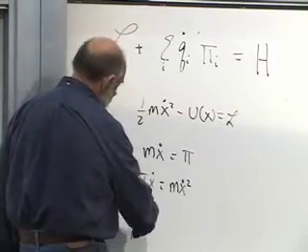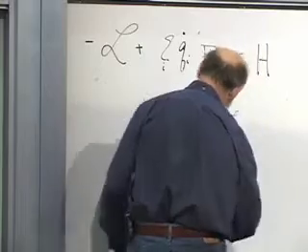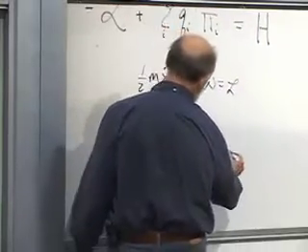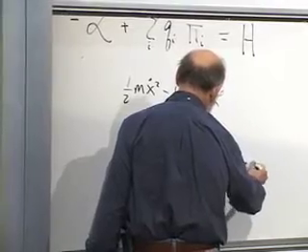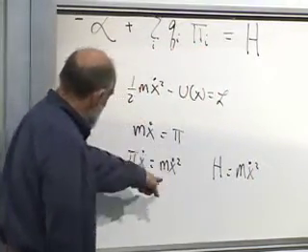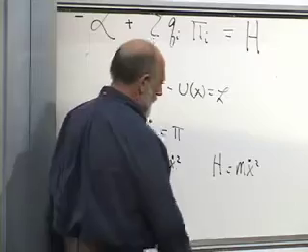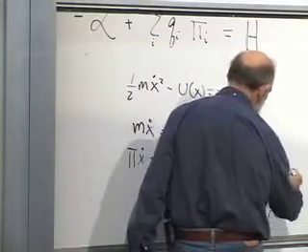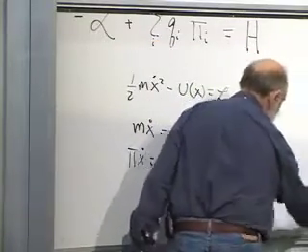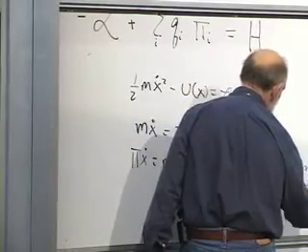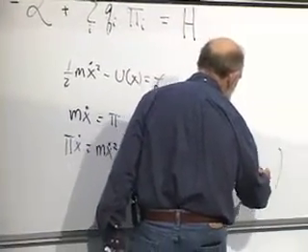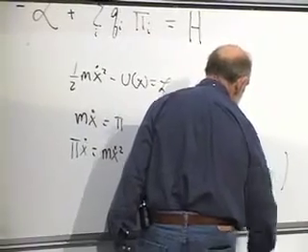All right, so H then is equal to mx dot squared, that's pi times x dot, minus the Lagrangian. The Lagrangian is mx dot squared over 2 minus u of x.